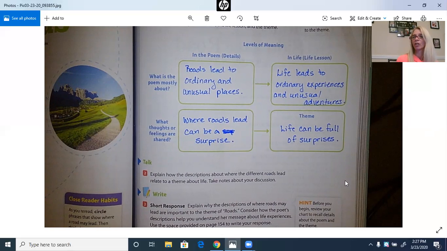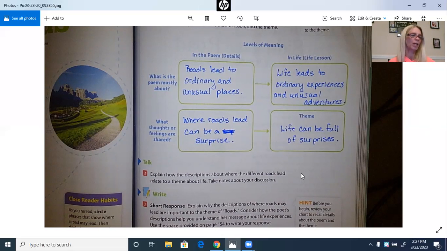And we had some other good themes this morning from students, and they talked about different themes that they got from the poem, but they kind of all tied in together, just saying life can be full of surprises. So you got life here, the roads can be a surprise, and then life can be full of surprises. So you tie all that in, and then you get your theme.